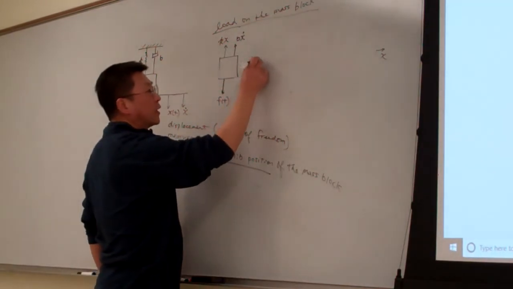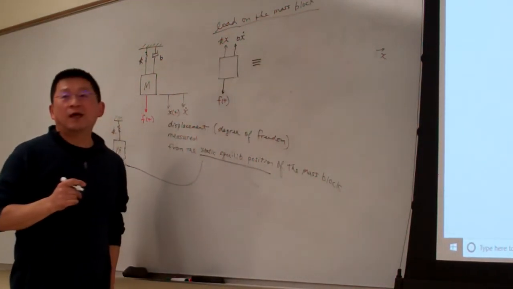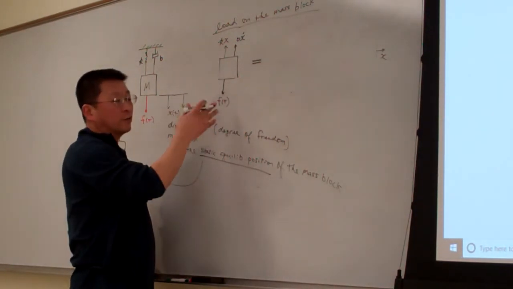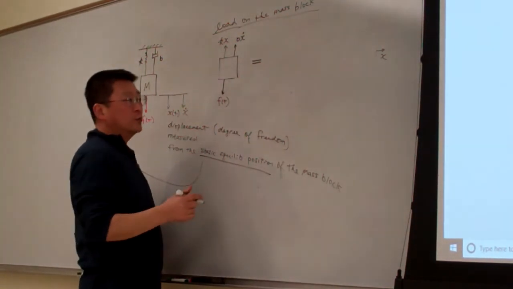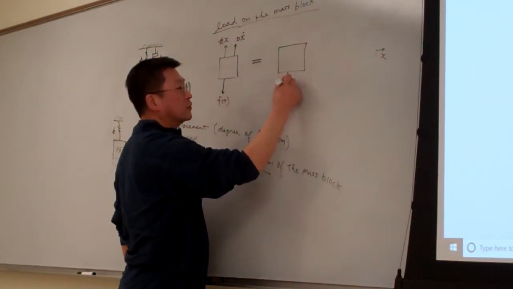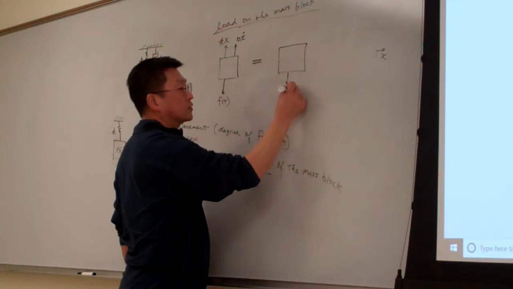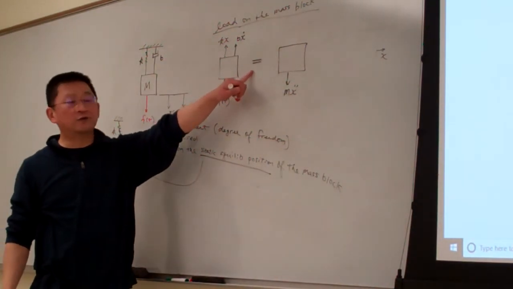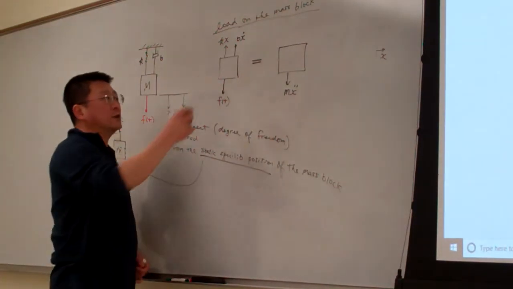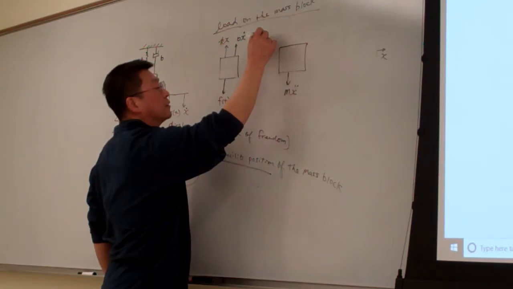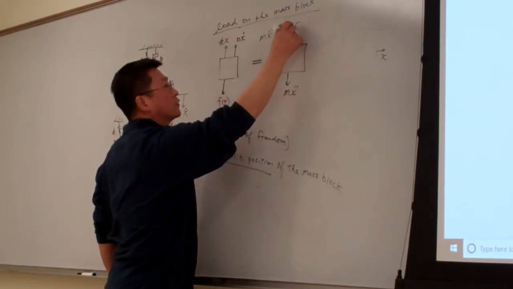Now, due to Newton's second law, all the forces must provide the inertial force, so this must be equal to m x double dot. This equal sign applies Newton's second law: m x double dot equals all the forces.